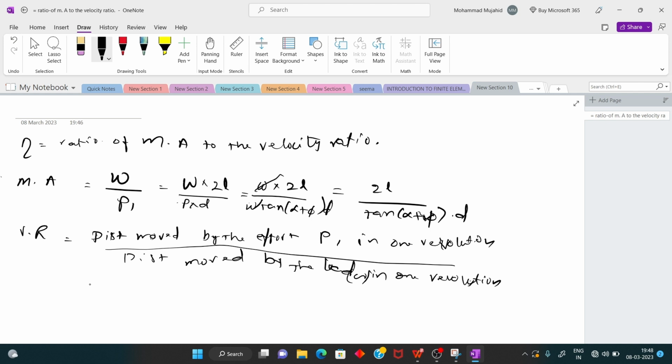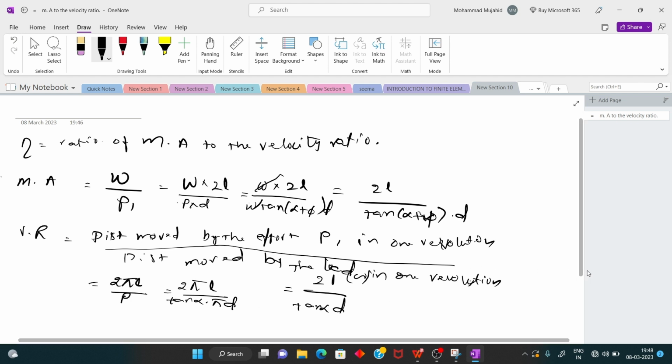The distance moved by the effort P1 in one revolution is 2 pi into L, the length of the lever. So we know that 2 pi L by P, that is tan alpha into pi D, equals 2L by tan alpha into D.